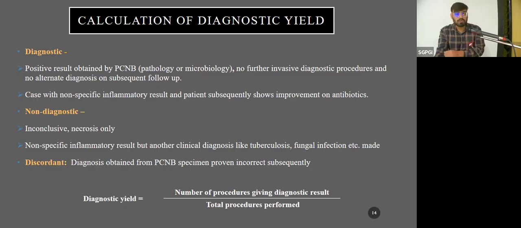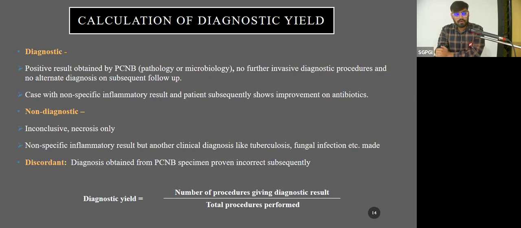We will also consider our procedure yield positive if it shows a non-specific inflammatory result and the patient subsequently shows improvement on antibiotics. We will consider our procedure non-diagnostic if it is inconclusive, shows necrosis only, or gives a non-specific inflammatory result but another clinical diagnosis like TB or fungal infection is made on further follow-up.